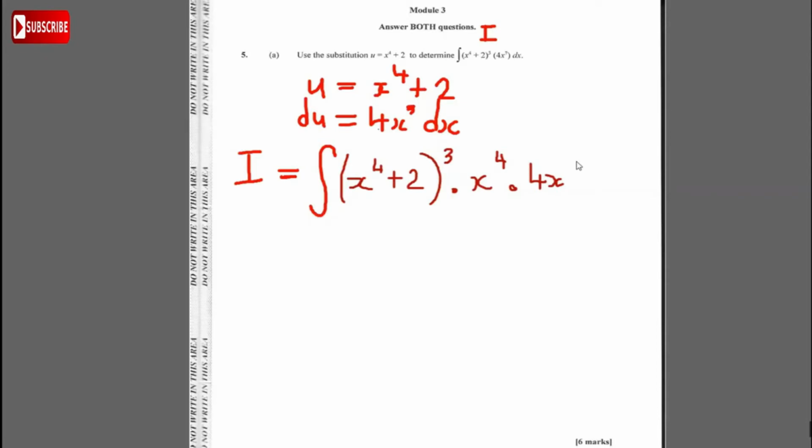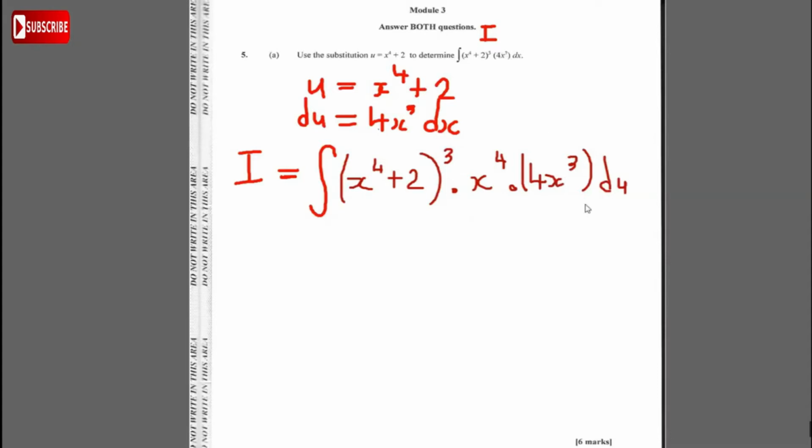I might be asked, why put it in that order? I put it in this order so I can use my substitution. x to the 4 times 4x cubed is still going to give me 4x to the 7.